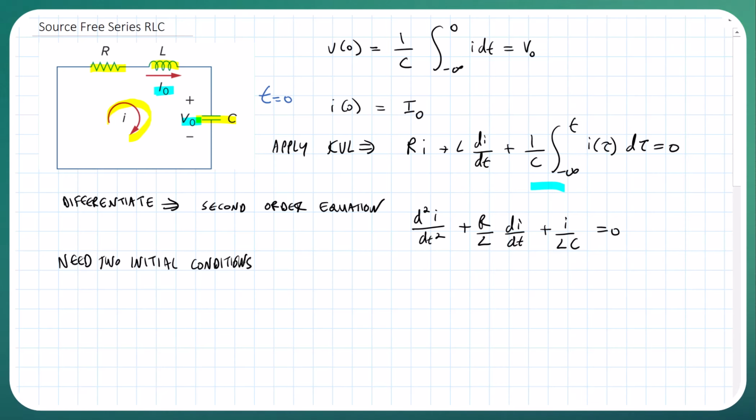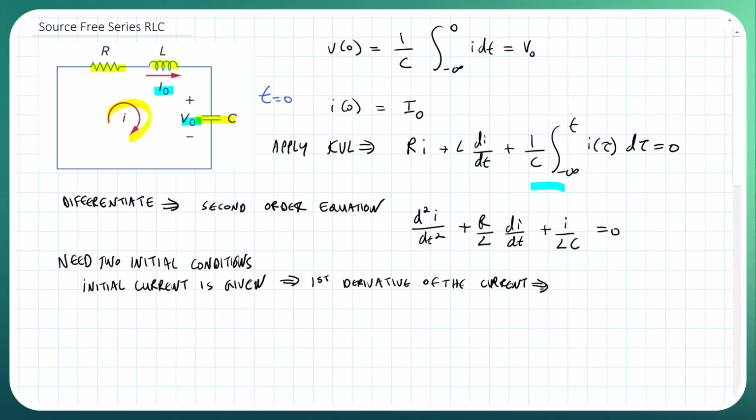We know that the initial current is given, and then the first derivative of that current can be solved as a result. So the first derivative of the current can be attained.